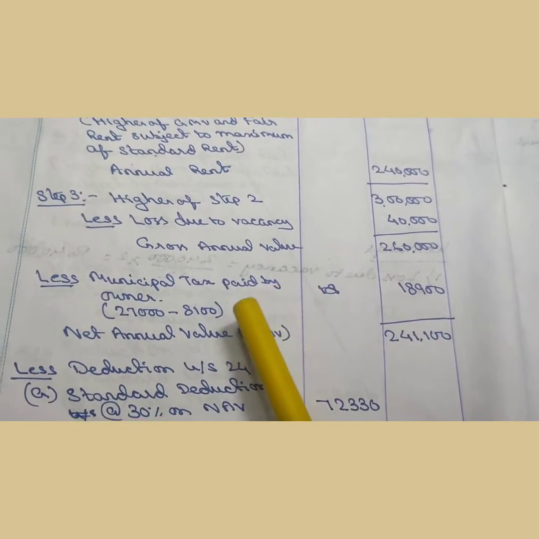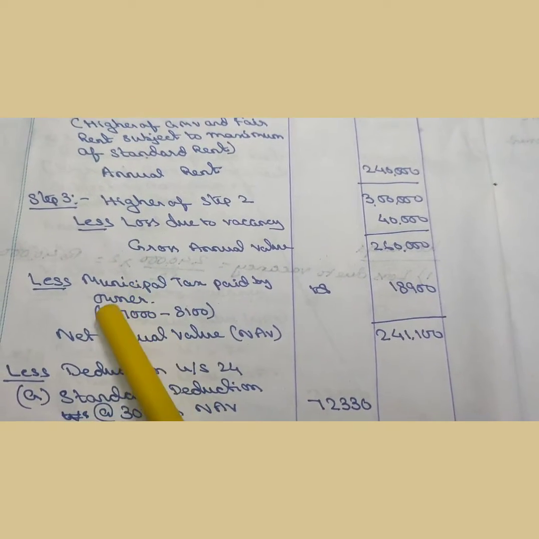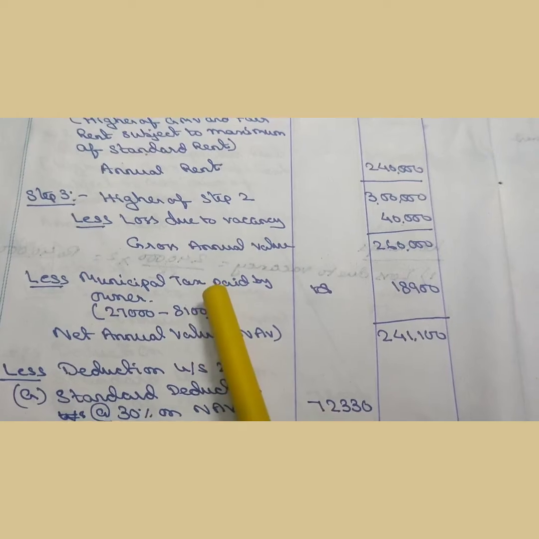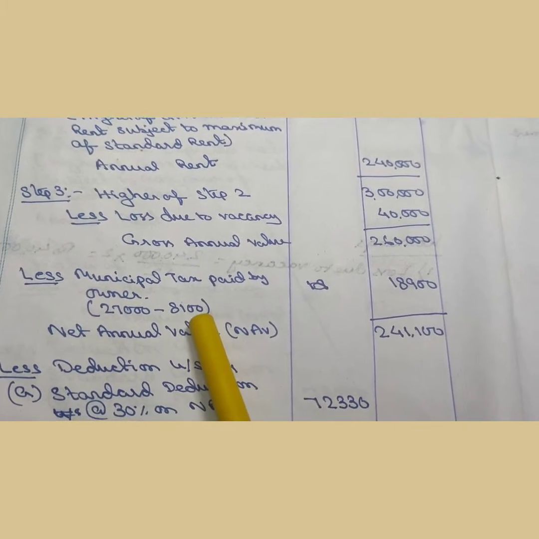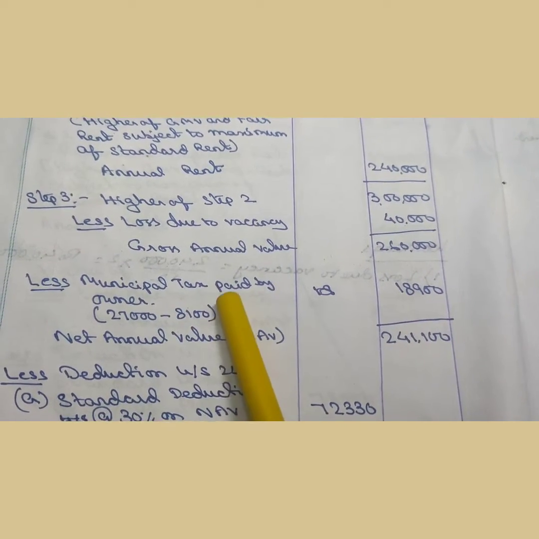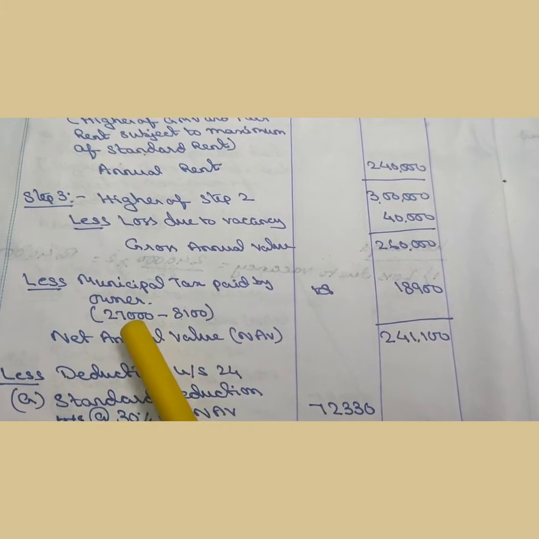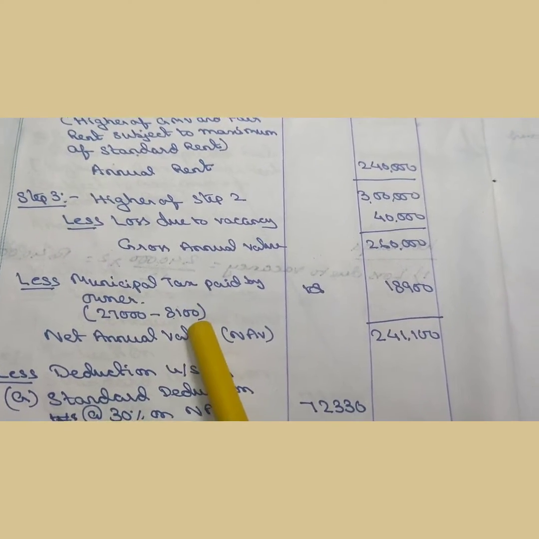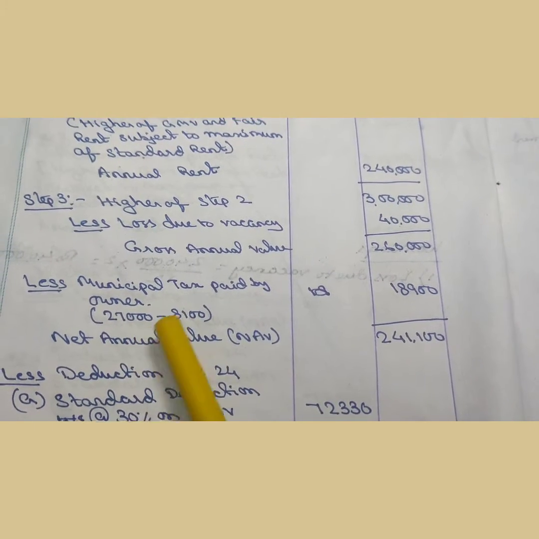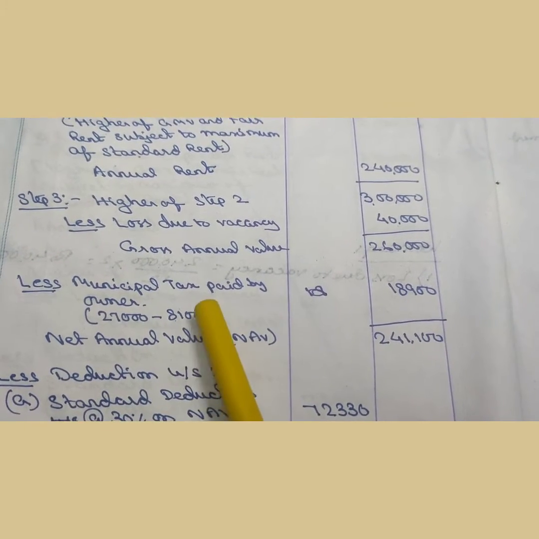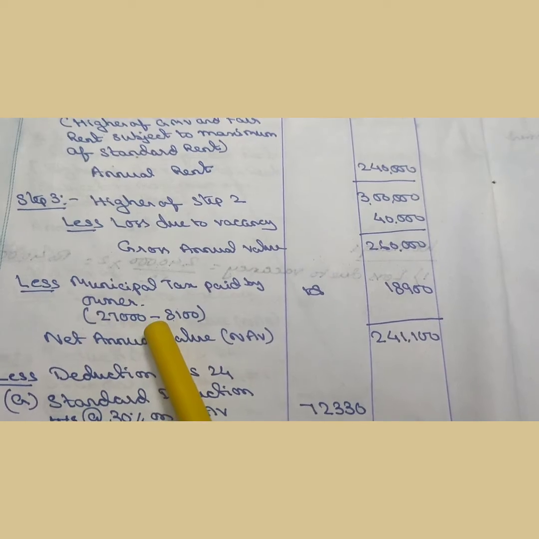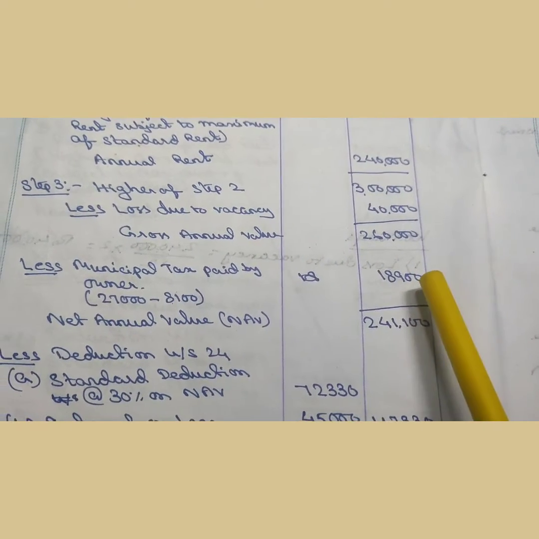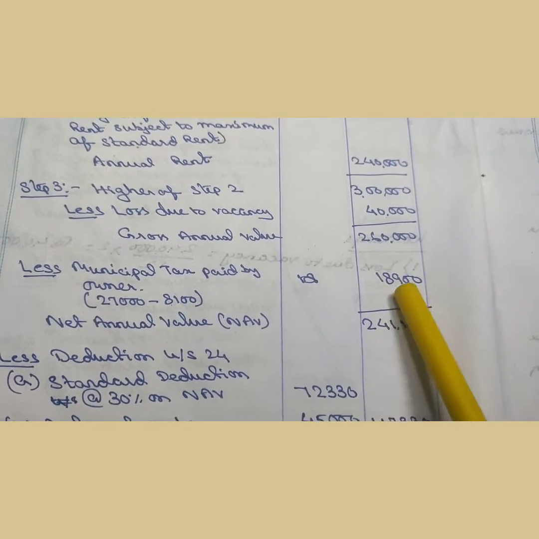Here in the question it is given total municipal tax is 27,000, out of which 8,100 is paid by tenant. So these 8,100 should be excluded from this 27,000 as it is paid by the tenant.